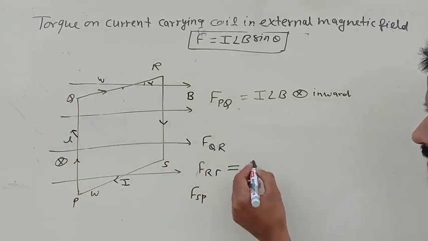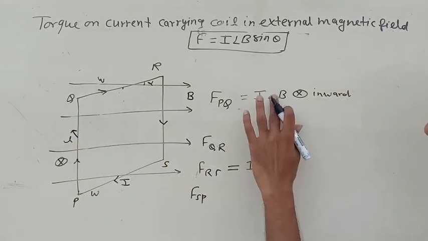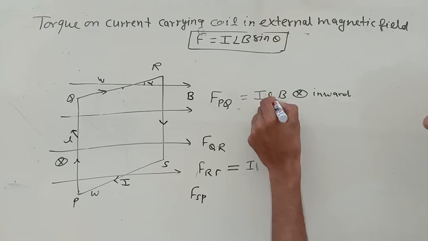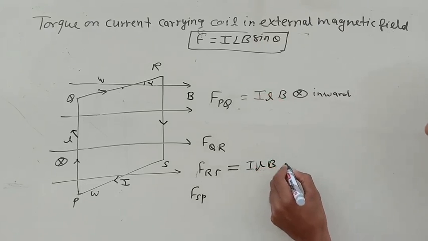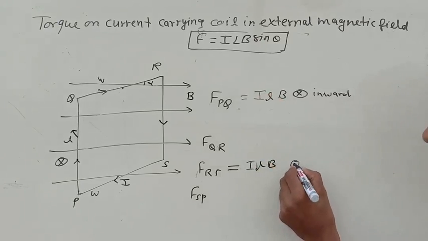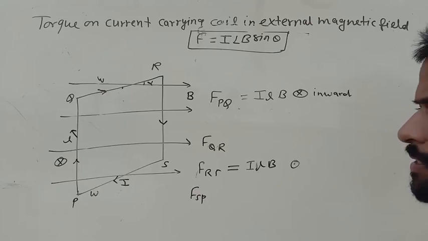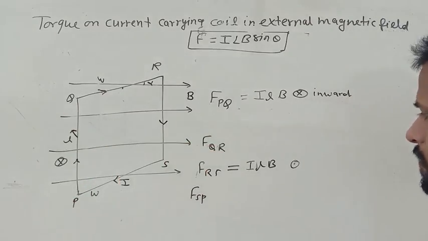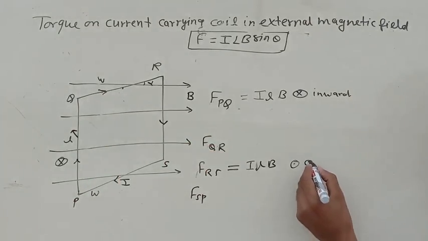Then force is I l B. Again theta is 90, so sin theta is 1, and the force is in outward direction, so we write here outward.